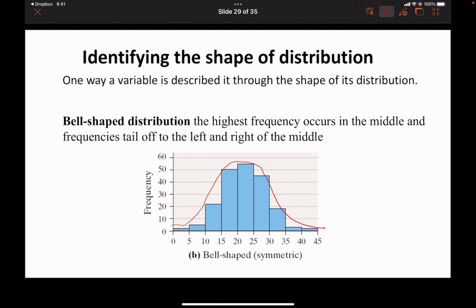So we call this bell-shaped. We also call it normal, and it is symmetric. If I folded it in half along here, that's a nice pretty straight line, it would land basically right on top of each other. Sometimes we'll say something is roughly bell-shaped or mostly bell-shaped. People understand that, and it is absolutely okay. So when it's shaped like a bell like that, this is a bell-shaped distribution.